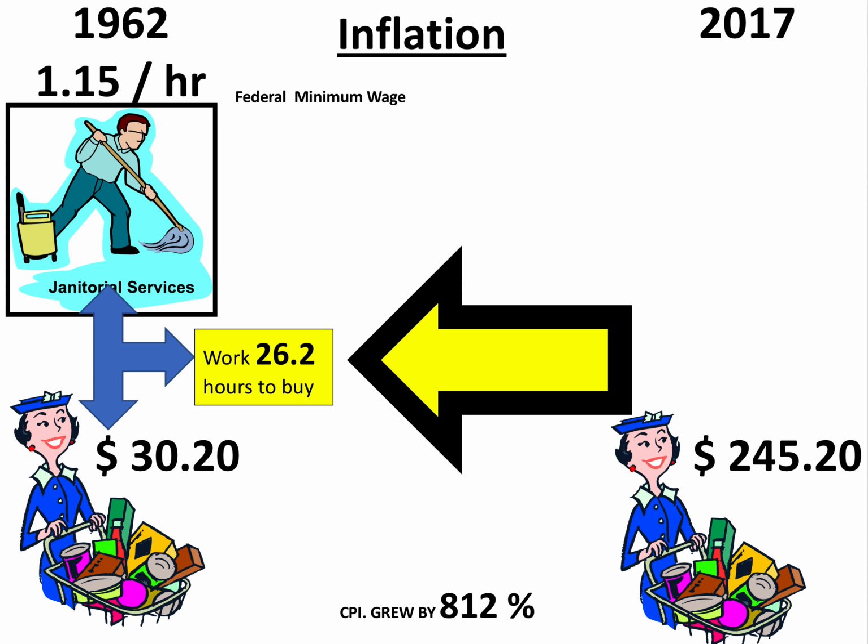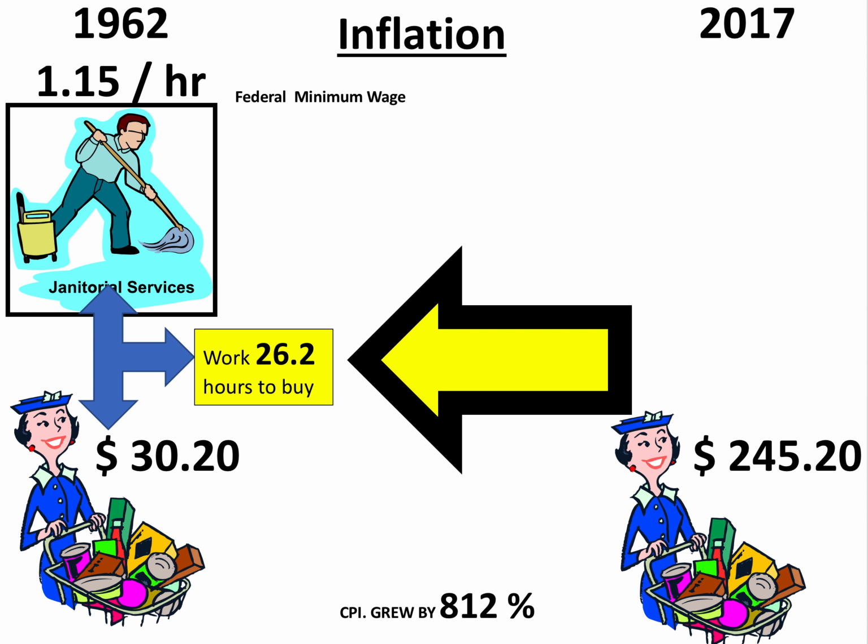Now, what happened then? Well, that person working for $1.15 an hour at unskilled work, at federal minimum wage, needing $30 a week to feed their family of four, they would have to work 26.2 hours of that 40-hour week to have enough money to buy the groceries.